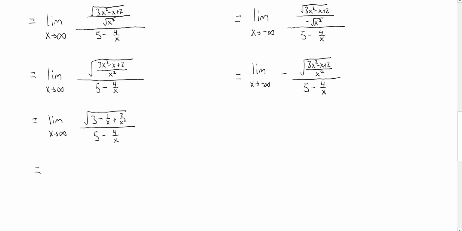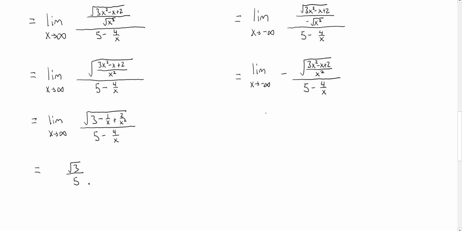Now we're going to plug in infinity for x. So remembering how a finite number over infinity is 0, we're going to get 1 over infinity, 2 over infinity, and 4 over infinity, which will all be 0. So we're going to be left with the final answer of square root 3 over 5.